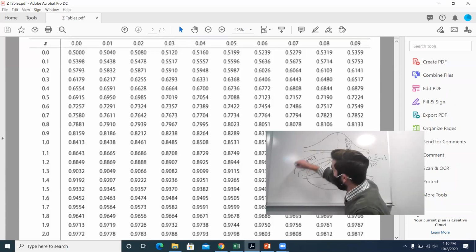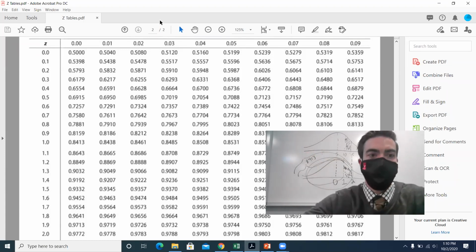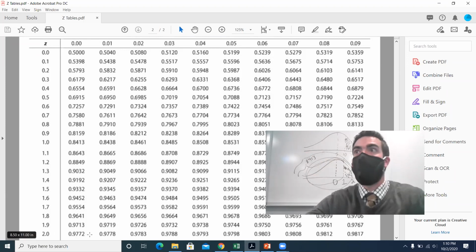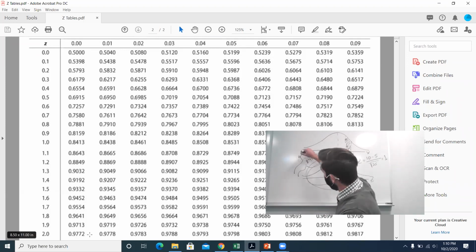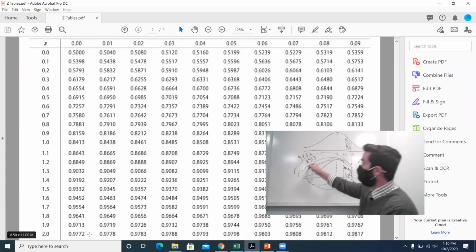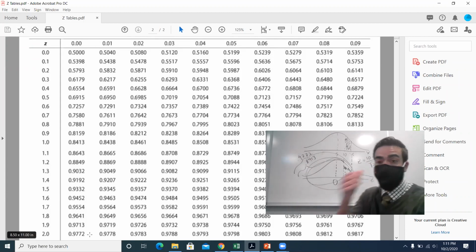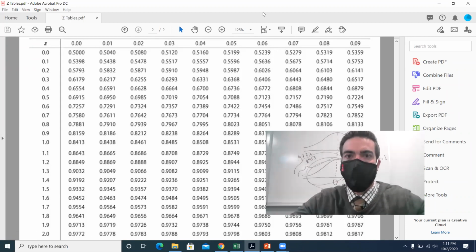And then the larger area, we had to look up a z-score of 2. So we go here, 2.00, 0.9772. I'll subtract 0.8413 from 0.9772, and that'll give me the probability I'm in between that z-score of 1 and 2. Okay?